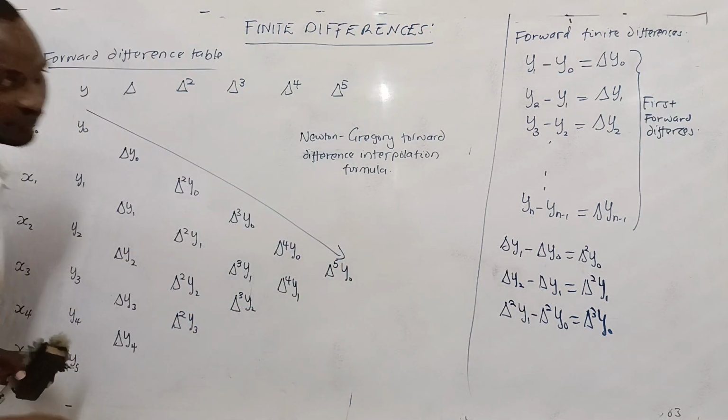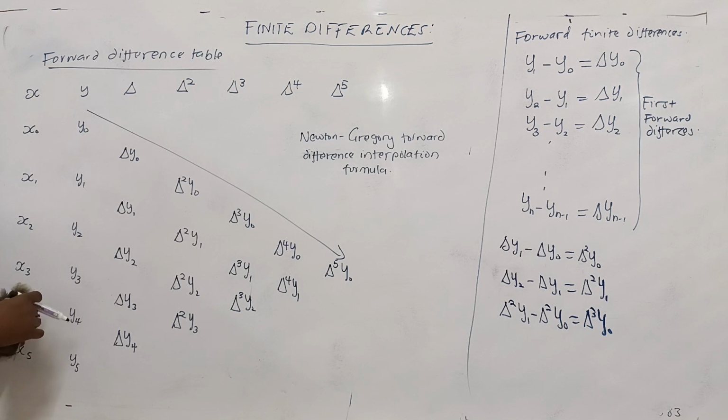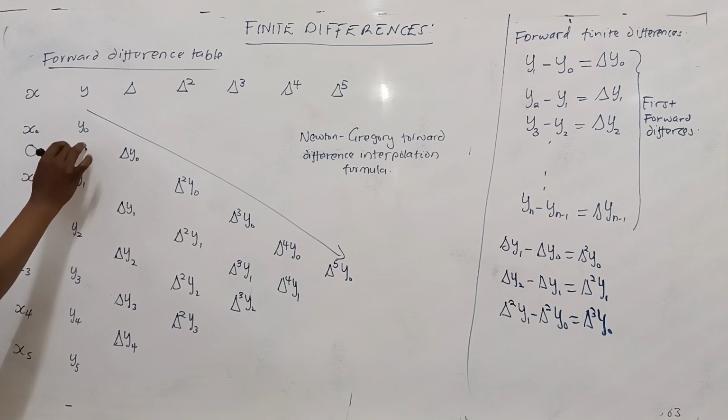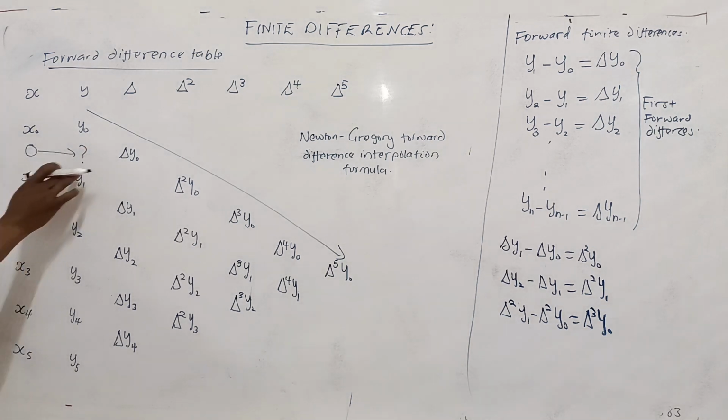These are for forward difference interpolation. For example, for a certain value of x somewhere here, you may be required to find the unknown value of the entry y. In that case, you can use the Newton-Gregory forward interpolation formula.